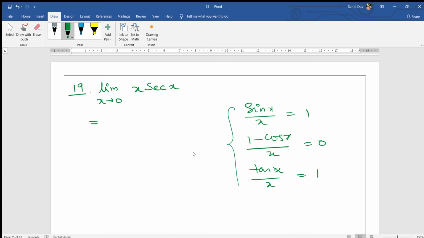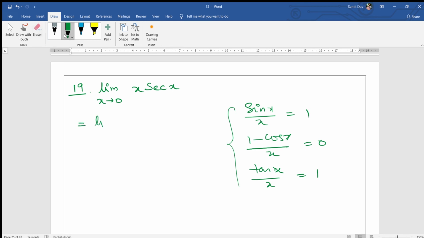We only know these three, so we have to convert these things in that part. We have to convert the sec x to the cos x. So let's try to do how to convert.